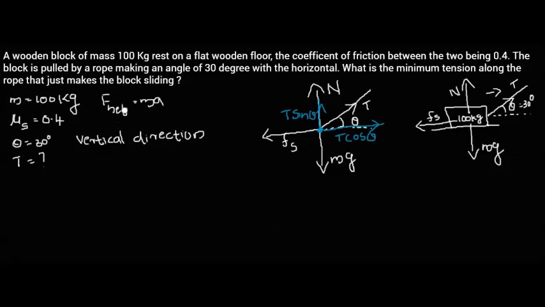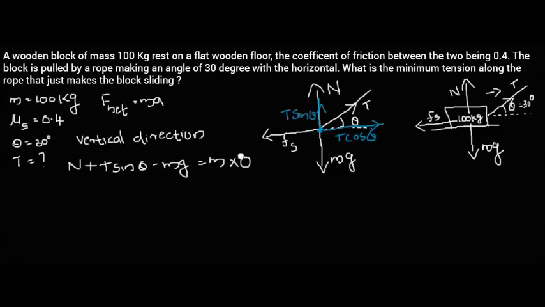Here F net is the net force experienced by the object along the vertical direction. 2 forces are acting along the positive direction of the y-axis. They are the normal reaction and the sine component of tension. And 1 force, which is the weight, is acting along the downward direction or along the negative direction of the y-axis. So the net force experienced along the vertical direction will be N plus T sin theta minus mg equal to mass into acceleration.